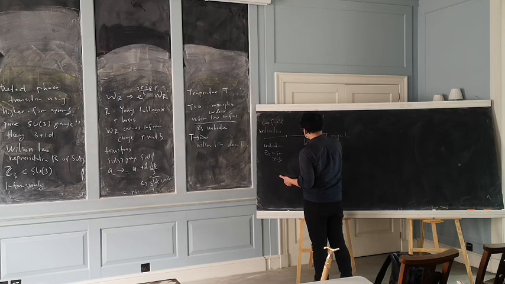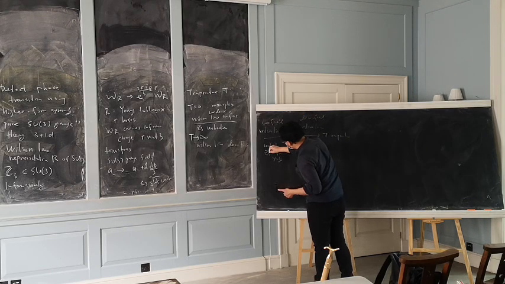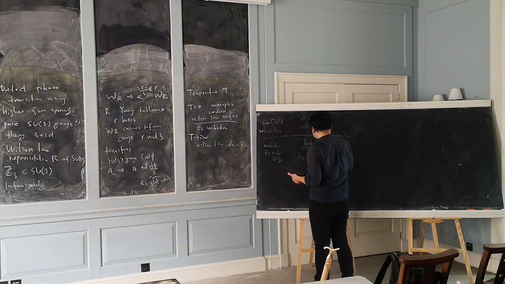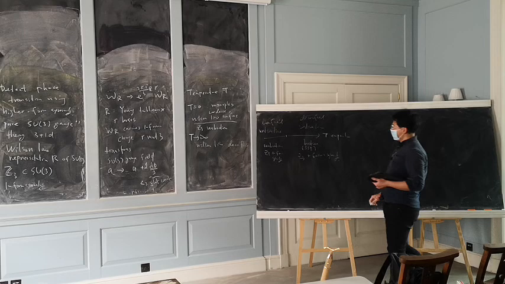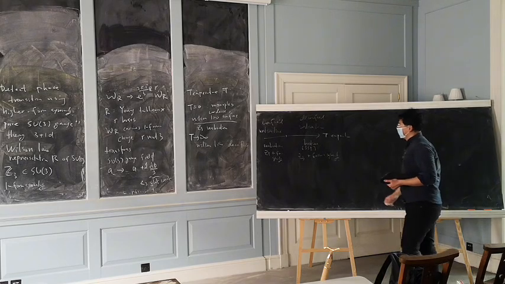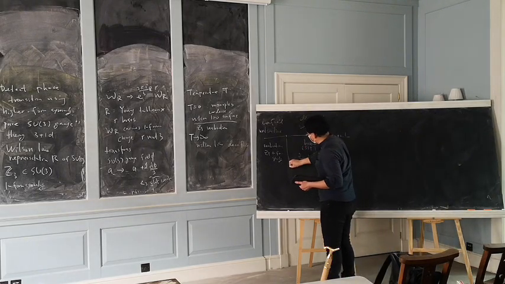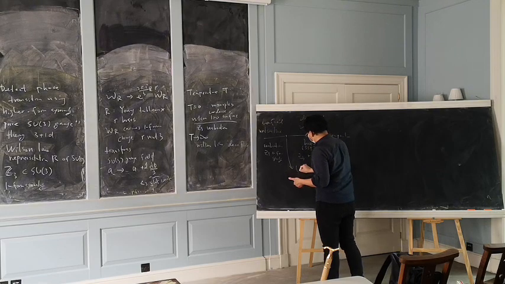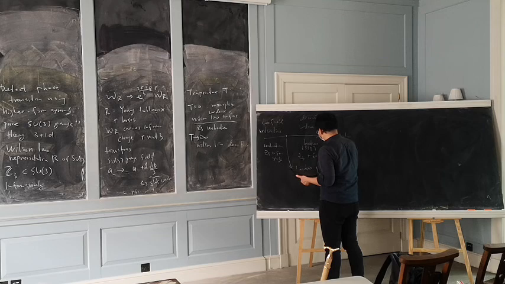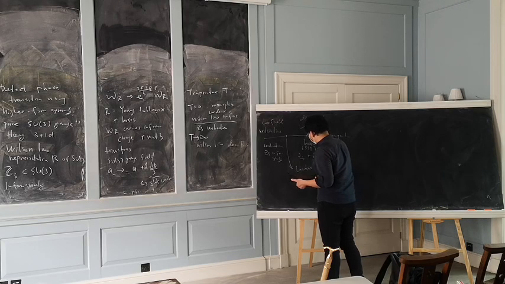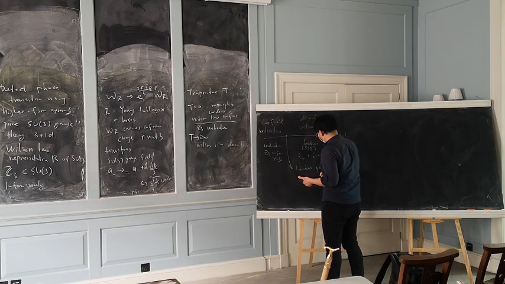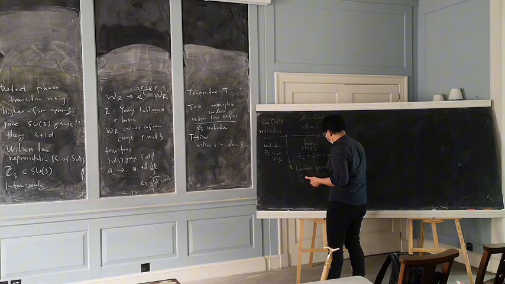So there's a broken, or SSB, Z3 one-form symmetry. And again, there is a confinement-deconfinement transition described by the Landau paradigm for Z3 one-form symmetry.